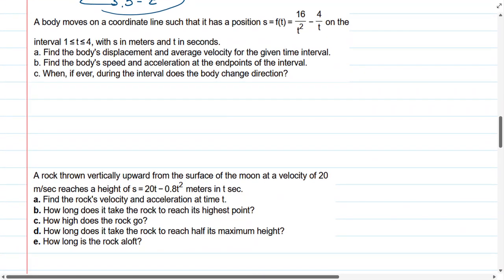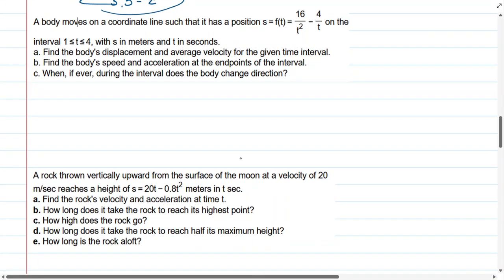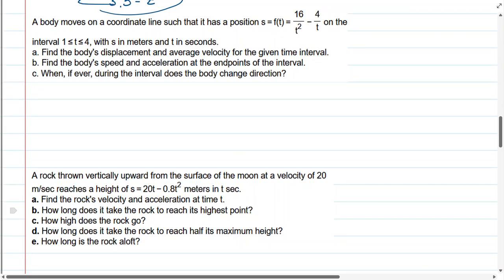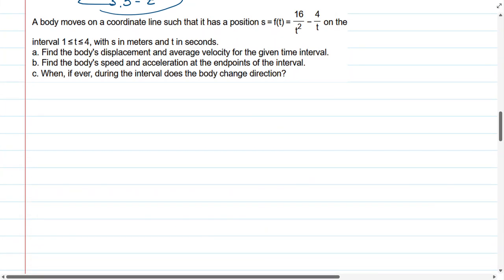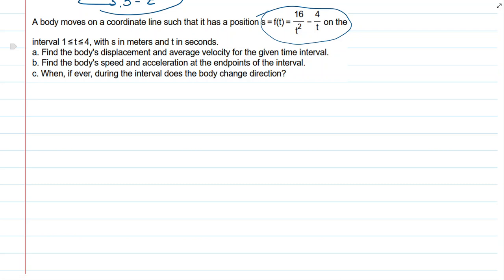On this guy, we have our S of t in a rational form. Luckily, its denominator is a single term, not a term with more than one. So it shouldn't be bad math that will get us.